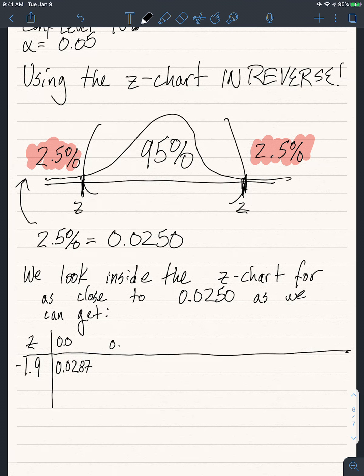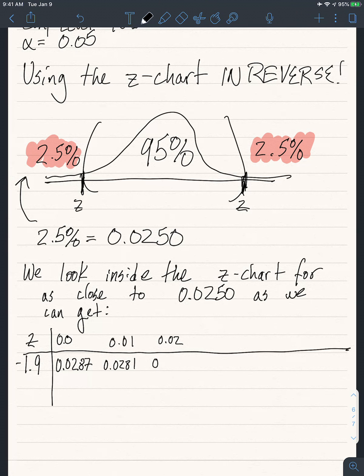Under 0.01, it has 0.0281. Under 0.02, so negative 1.92 has a chart value of 0.0274. So I'm just trying to point you out to the chart. 0.03, 0.04, 0.05, 0.06 is all we're going to need.